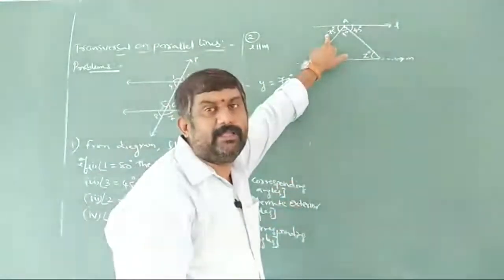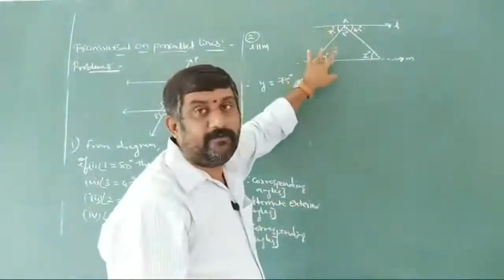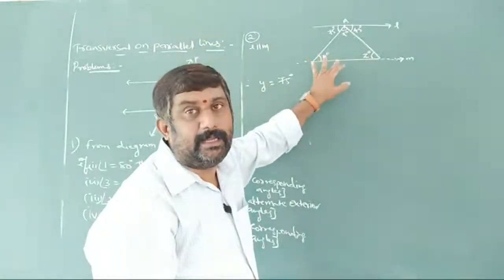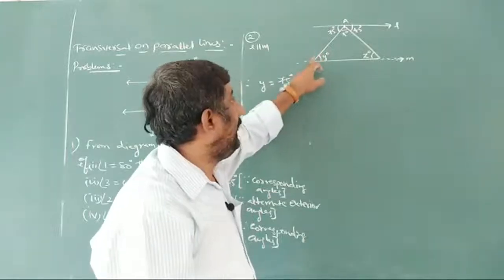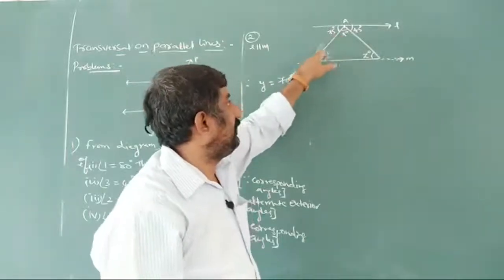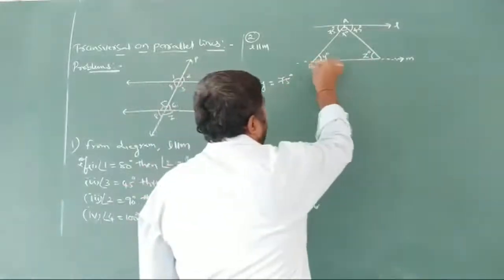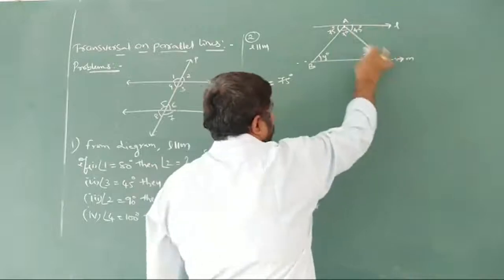Why am I taking it like this? You observe here, these two angles are forming which type of angles? Alternate interior angles. Both are inside. Assume L and M. This line is a transversal here. Suppose if you want to take B, C, AB is transversal to L and M. So these two are alternate interior angles.